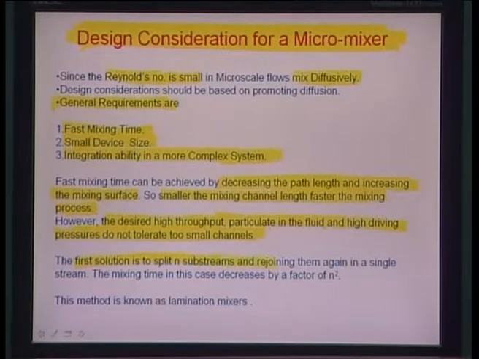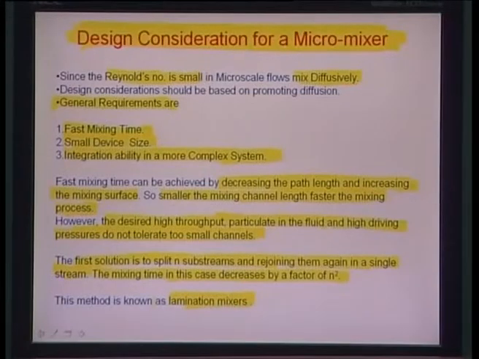We are going to investigate this a little bit further as we do mixer designing. So therefore the first solution really is to split n substreams and rejoining them again in a single stream, so that the mixing time reduces by a factor of n square. So this is basically the principle of lamination mixers.